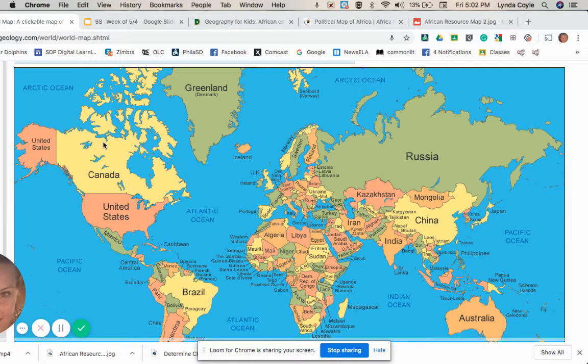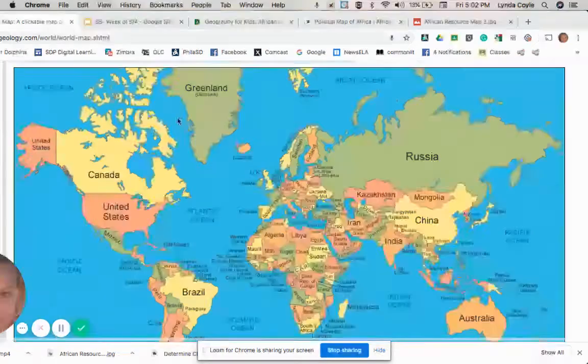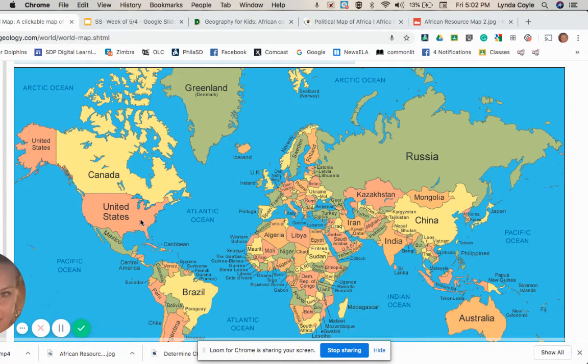Right now, we have a world map on our screen. And if you can see right now in the United States, right where my mouse is, this is where we are. Across the Atlantic Ocean is Africa. Looking at all the places, there's Greenland, North America, which is Canada, United States, and South America.